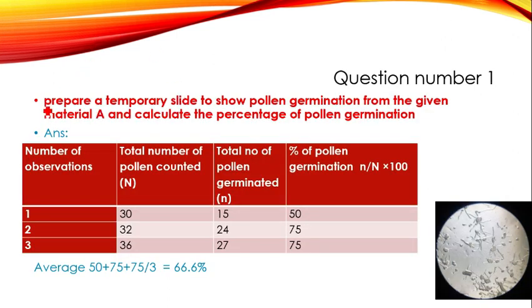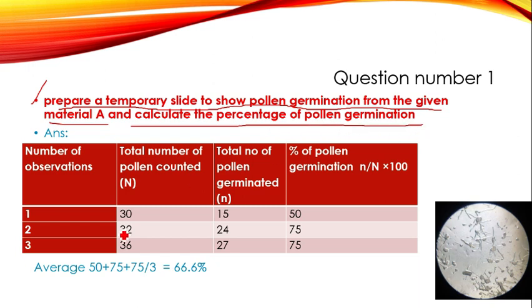If you get this question for question number 1, that is, prepare a temporary slide to show pollen germination from the given material A and calculate the percentage of pollen germination: actually, in your journal you can see the aim, materials used, chemicals, procedure, and different things. No need to write all those things.